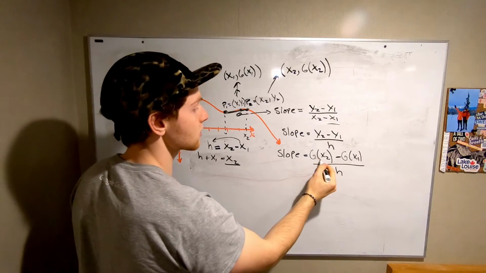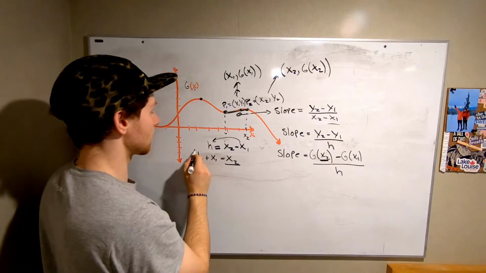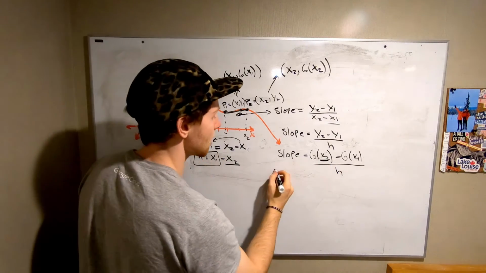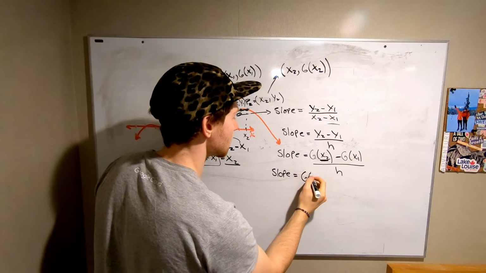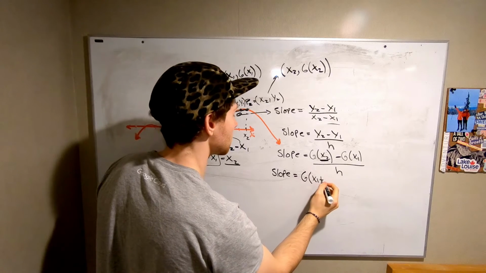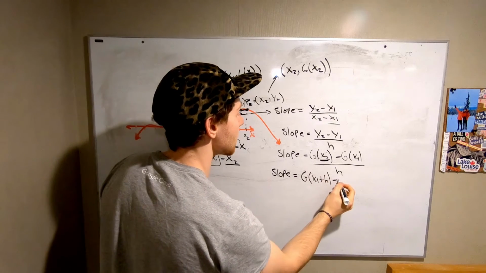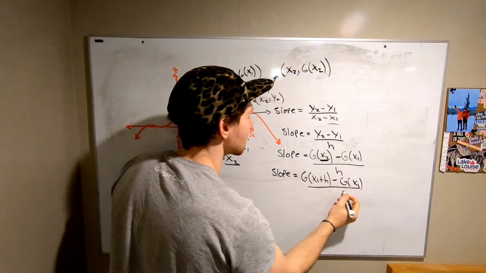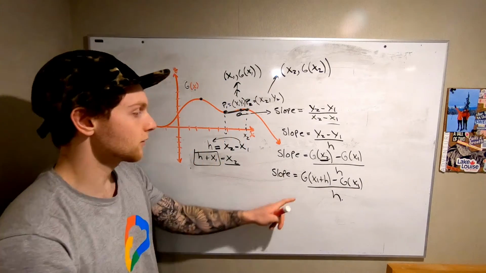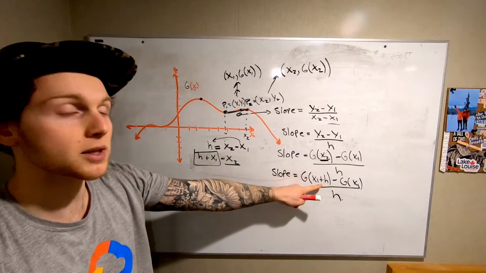So where we see x2, we're going to put this inside of it. So now our new slope is going to be equal to g of x1 plus h minus g of x1 all over h.